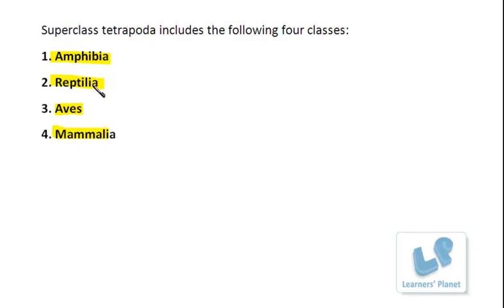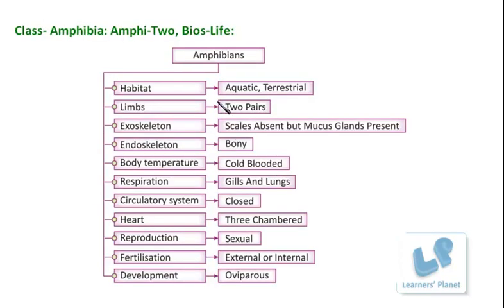Now let me explain the important basic features of each of the classes. So students, let us first discuss the class Amphibia. As I already told you, amphi means two, and bios means life. So these are those organisms which can survive in 2 different habitats, right?